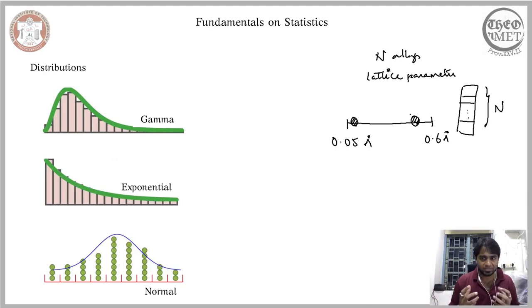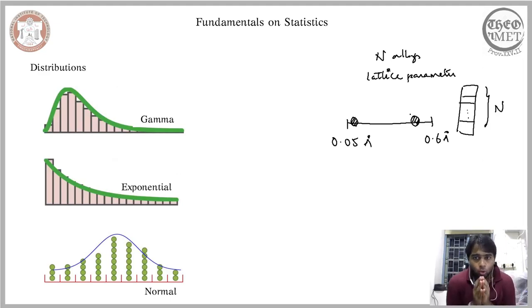When we keep on placing our alloys based on the lattice parameter on the scale, what we essentially end up with is a population distribution, meaning we will be able to visually see where these alloys occupy a position on this scale, which quantifies the magnitude of the lattice parameter.